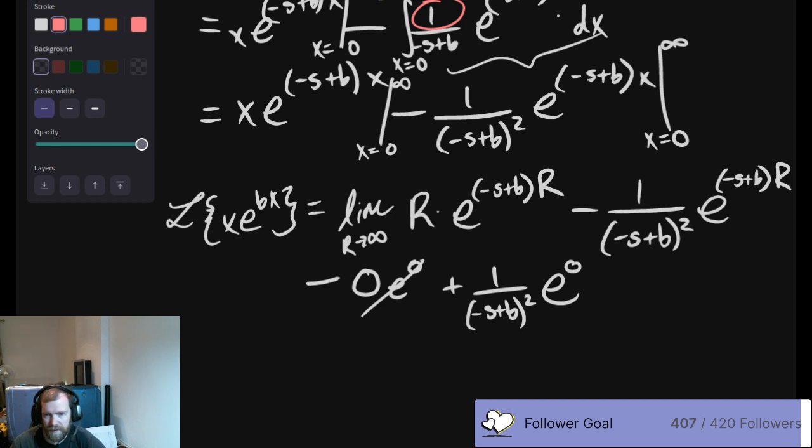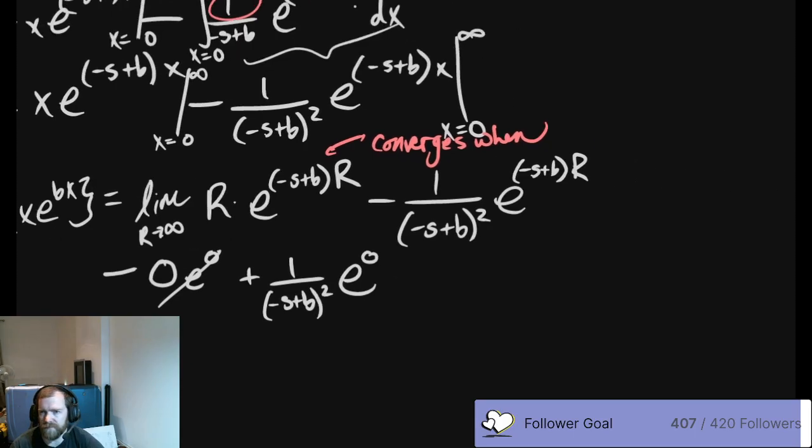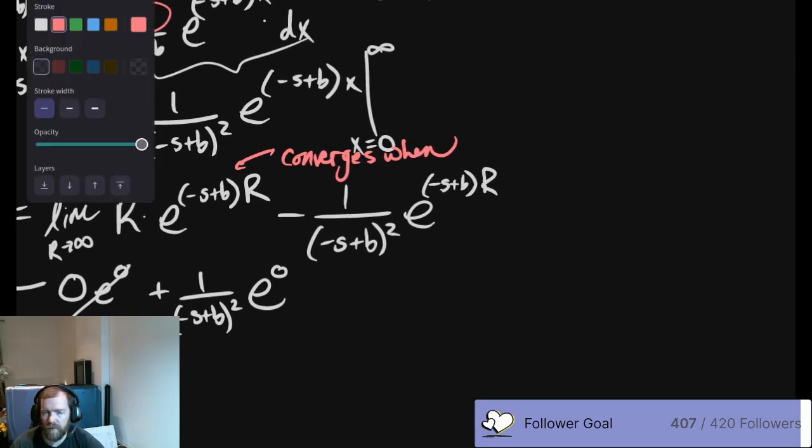Now we say, in order to get convergence, we're going to get convergence when negative s plus b is less than 0, or when b is less than s.